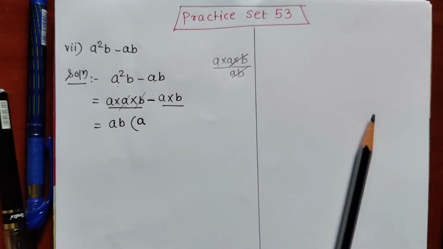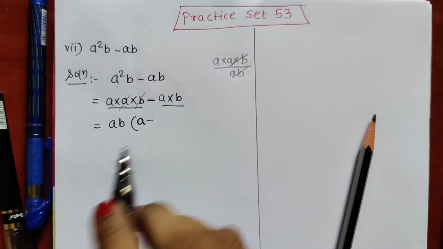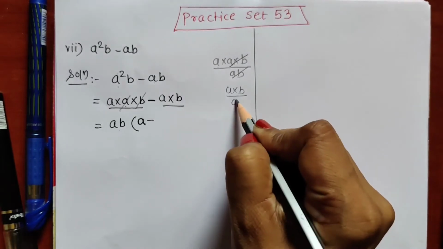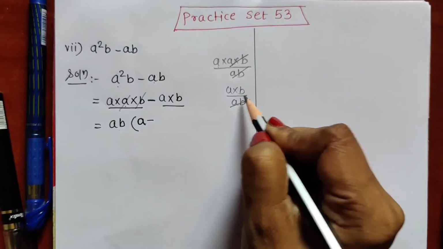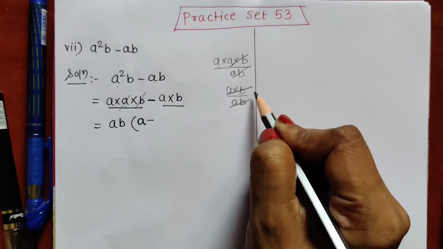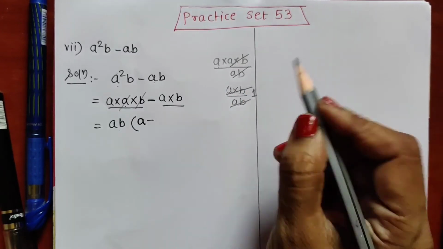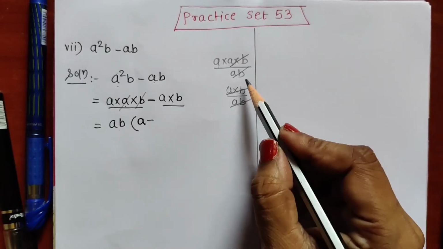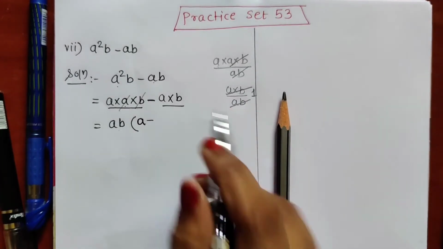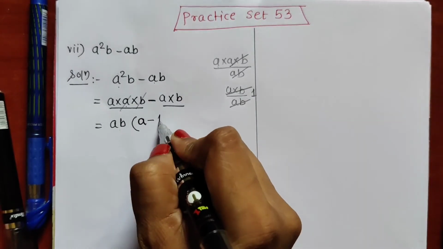Now the minus sign is there, put the minus sign. From the second term, again the second term is a into b. From this a into b, ab is taken out common. That means ab cancelled with ab. Both the numerator and denominator are cancelled, so what is remaining? 1 is remaining. ab ones are ab, 1 is there. So full ab is taken out common means 1 is there.